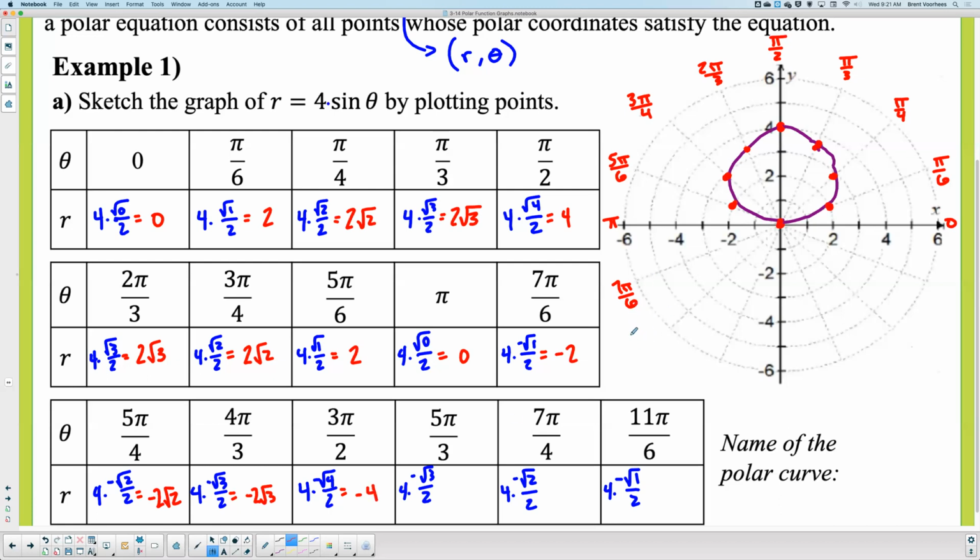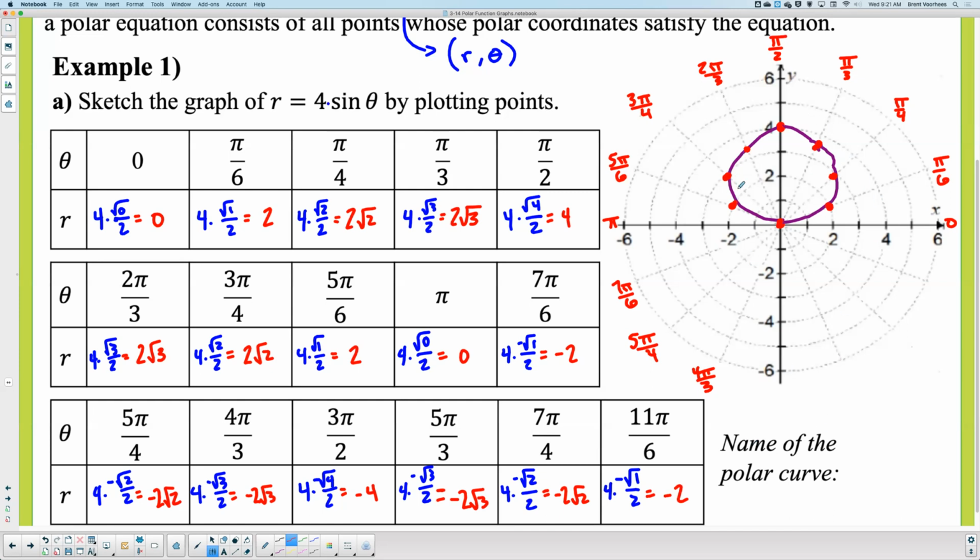So all these values here, this is 5 pi over 4. That's 4 pi over 3. All these values are going away from it. And so they just repeat the values a second time. That's all that happens here. Negative 2 square root 3. Negative 2 square root 2. And finally, this would be negative 2.